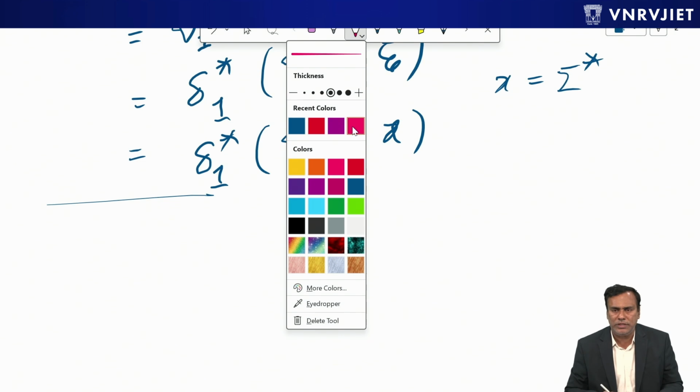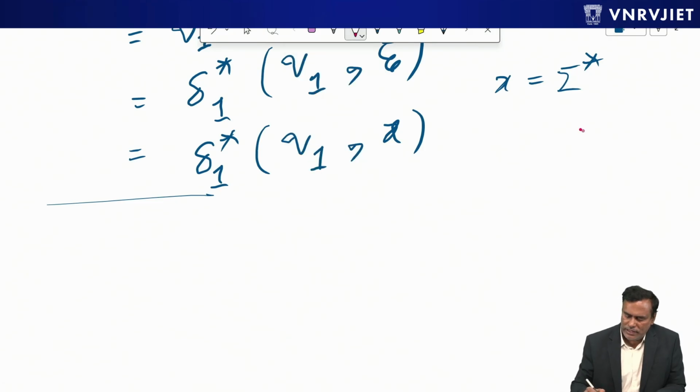Delta 2 is the transition function of the DFA, and its start state is Q2. If I prove this, then we can come to the end. So let me take this part. I am starting with the definition of this DFA. Just now I have shown that delta 2 star of Q2 X is delta 1 star of Q1 X. Now I just want to extend this one.